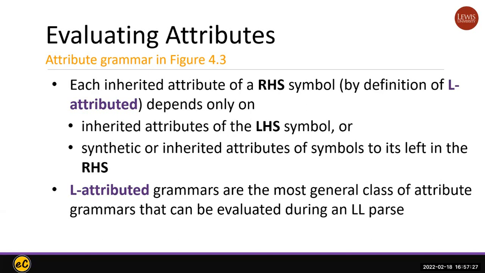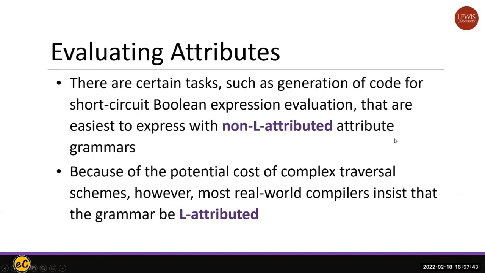L-attributed grammars are the most general class of attribute grammar that can be evaluated in LL parsing. So LL parsing likes to use an L attribute grammar. There are certain tasks, such as generation of code for short-circuit Boolean expression evaluation, that are easier to express in non-L attribute grammars.